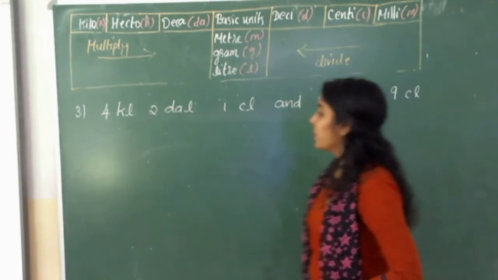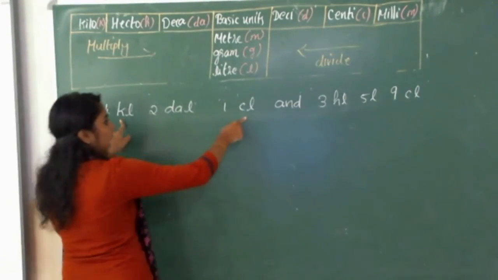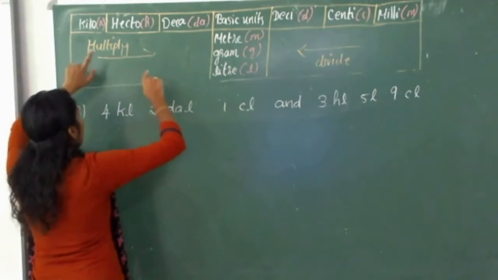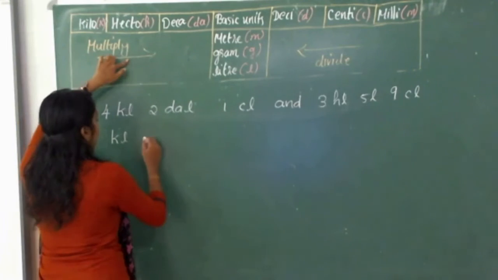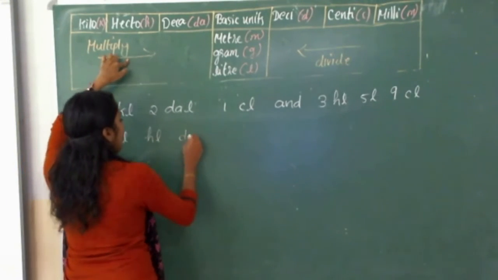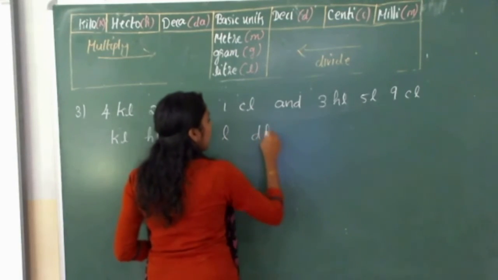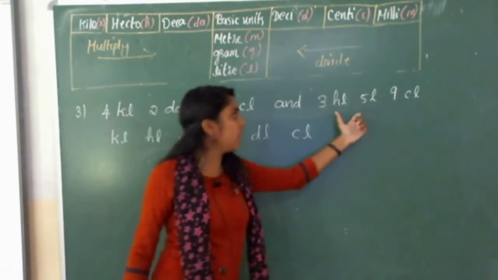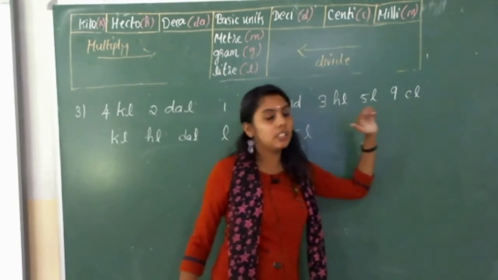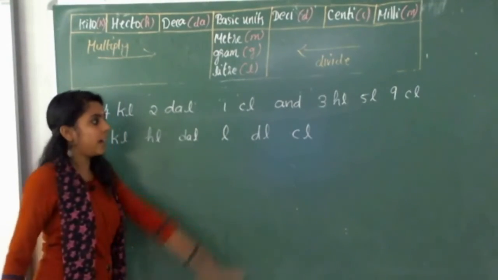So, the first one starts with kilo and the last one is centi. In between kilo and centi, which all are the units? Kiloliter, hectoliter, decaliter, liter, deciliter, centiliter. And in the second question, it starts with hecto and ends with centi. So, hecto and centi are here, and no need to add any others.